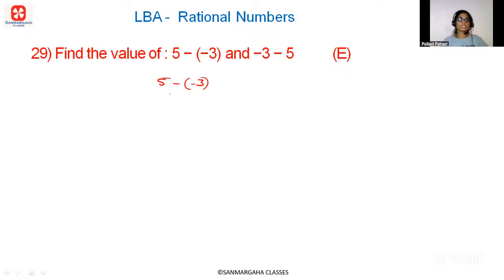When you subtract a negative number, it is equivalent to adding the positive version of that number. In other words, minus minus becomes plus. So this is equal to 5 plus 3, which is equal to 8.